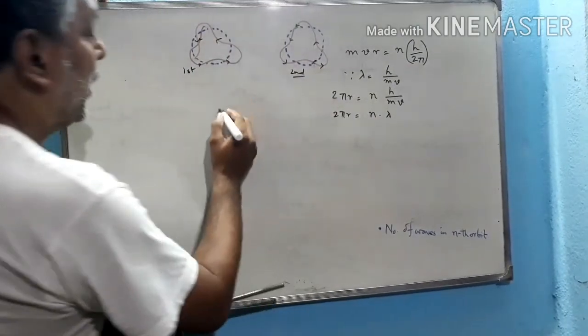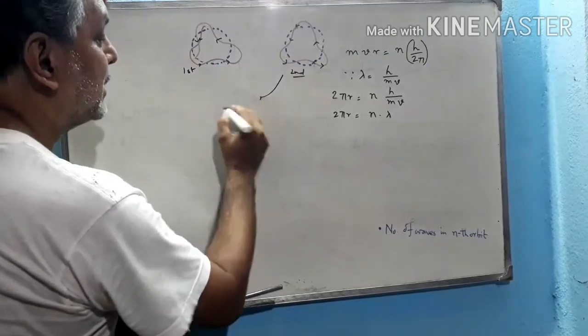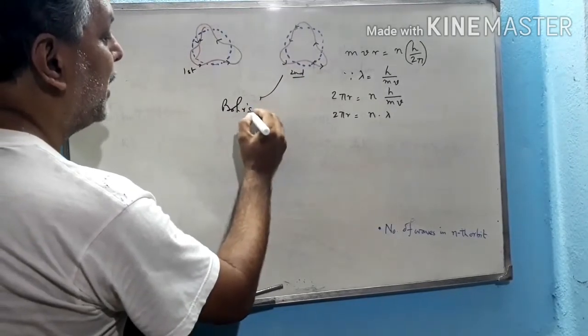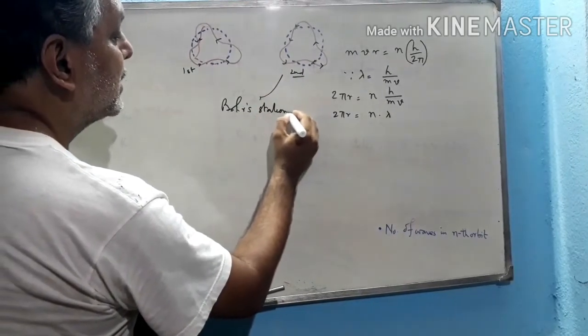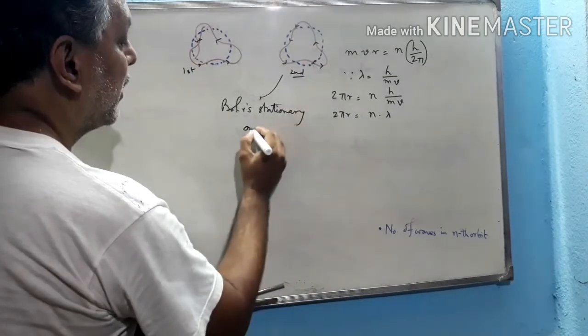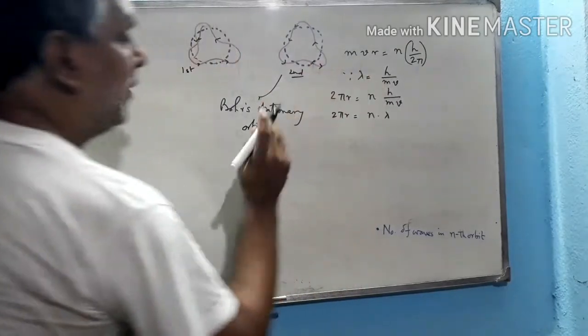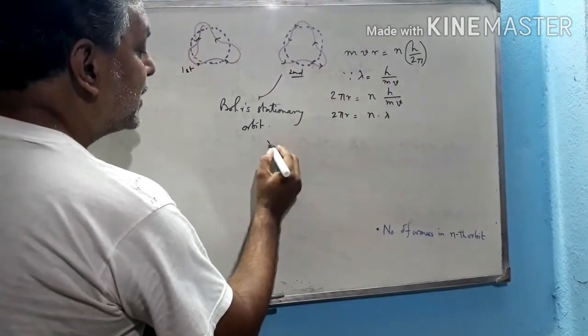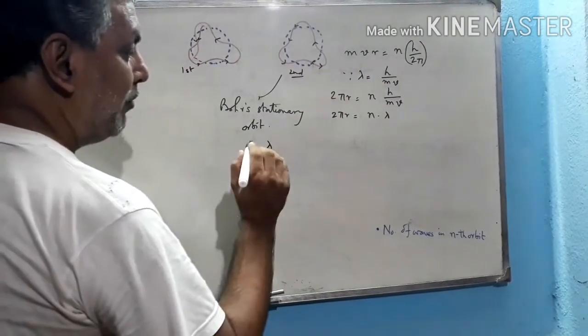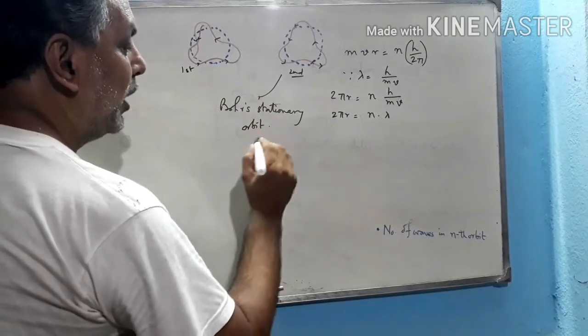Suppose this particular orbit is known as Bohr's stationary orbit. In this orbit, whatever may be the value of n, suppose lambda is the wavelength of that particular wave of the electron moving around the nucleus.